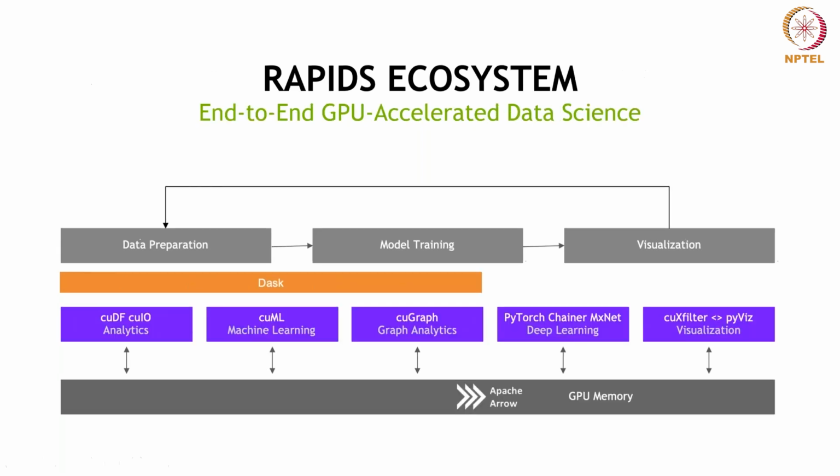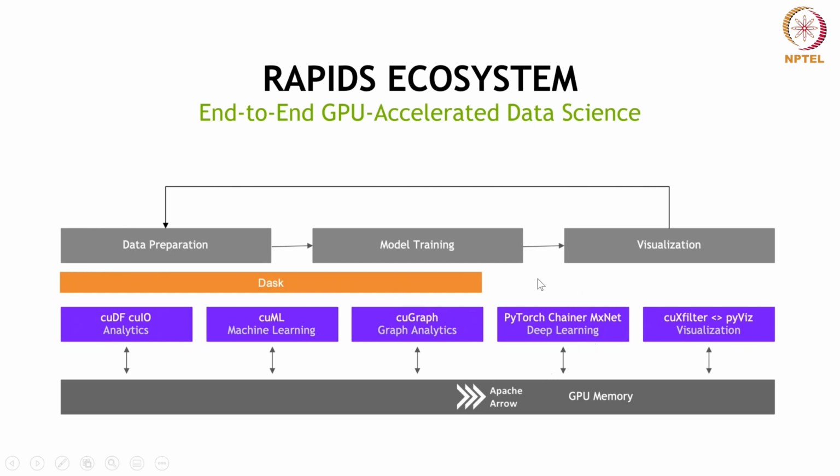Now, the equivalent in the RAPIDS ecosystem would look something like this, where instead of Pandas for analytics, you end up using cuDF or cuIO. Instead of using sklearn, you just change the imports to using cuML for machine learning. Instead of using NetworkX, you can use a library called cuGraph for graph analytics.